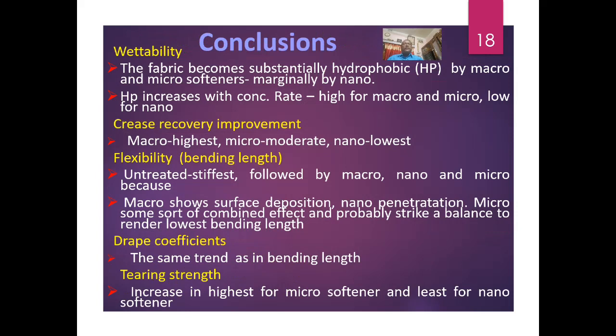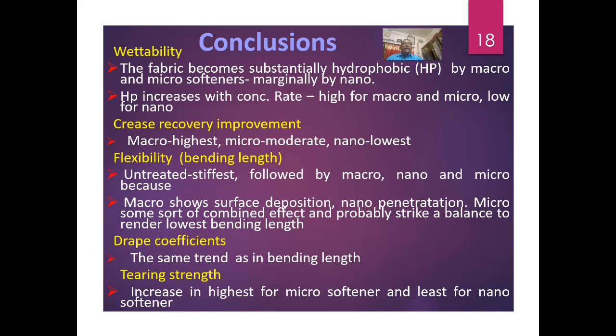Conclusions. Wettability: the fabric becomes substantially hydrophobic with macro and micro softener, marginally with nano. Hydrophobicity increases with concentration. The rate is high for macro and micro, low for nano. Crease recovery improvement: micro shows the highest improvement, macro moderate improvement and nano the lowest.